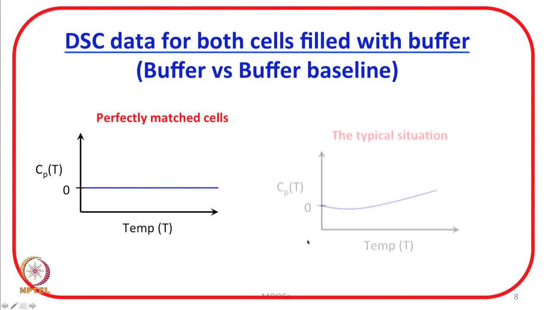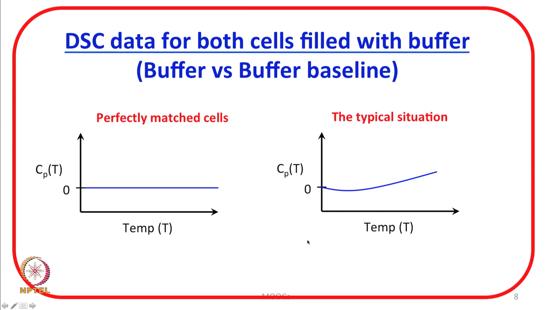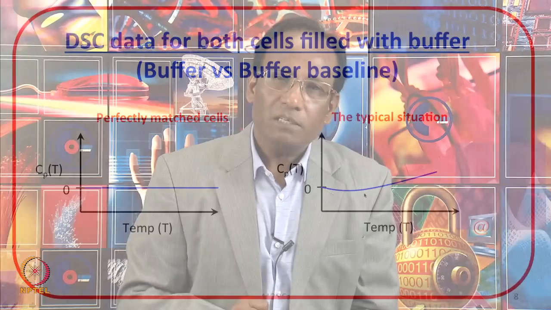However, in reality, what we get is not a straight line. The final shape of the buffer versus buffer scan or water versus water scan will be dependent upon the type of difference or the extent of difference in the cell geometries.